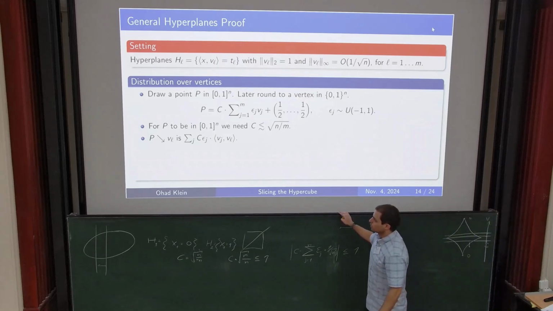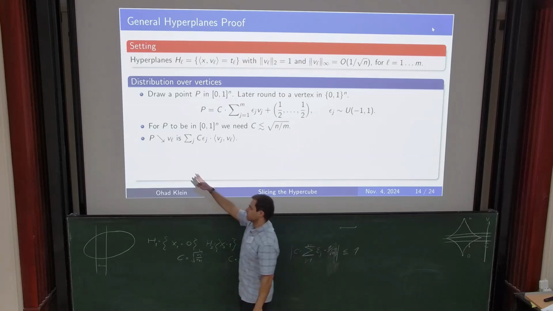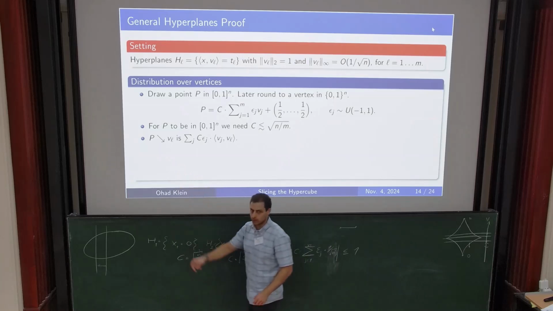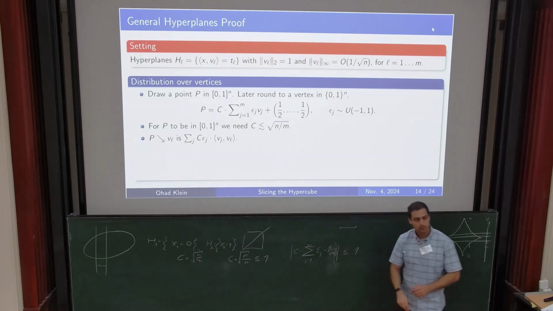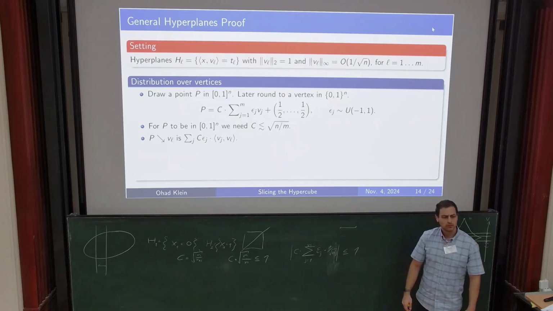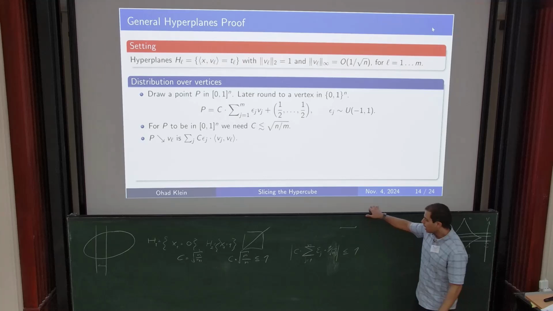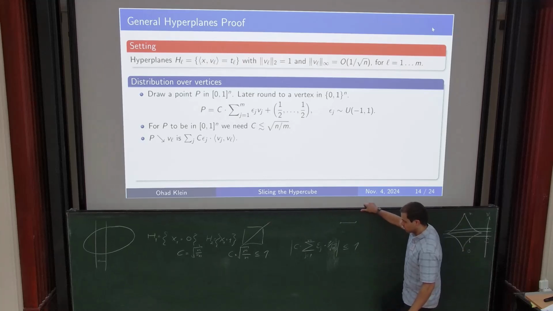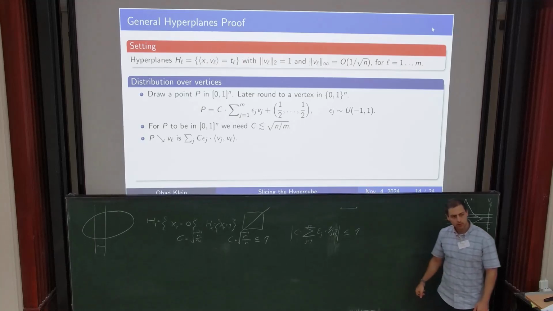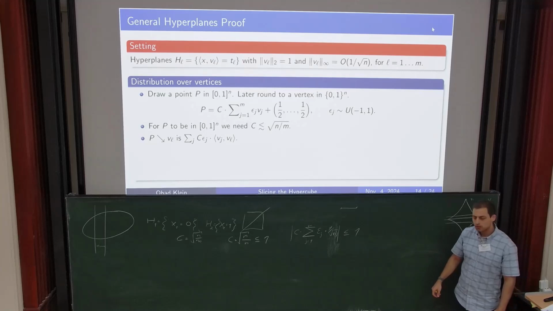And now I want to analyze the variance of the point P projected on V. Sorry, but here you don't only have that this is in 0, 1 with high probability or something, right? Why is that enough? So in the worst case, if you have epsilon all ones or something, you will have points where this is larger than 1.